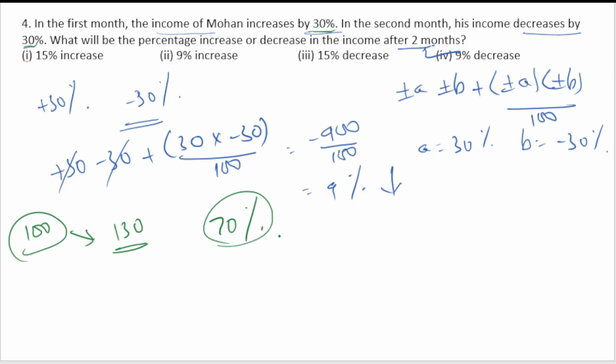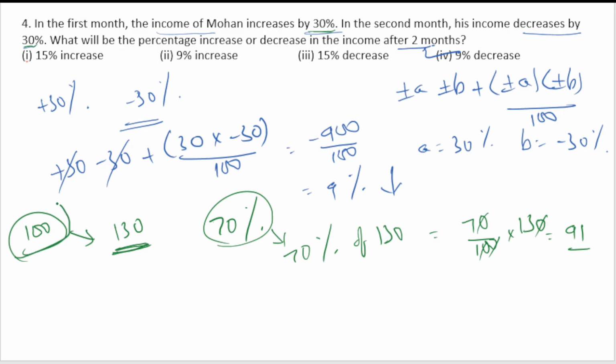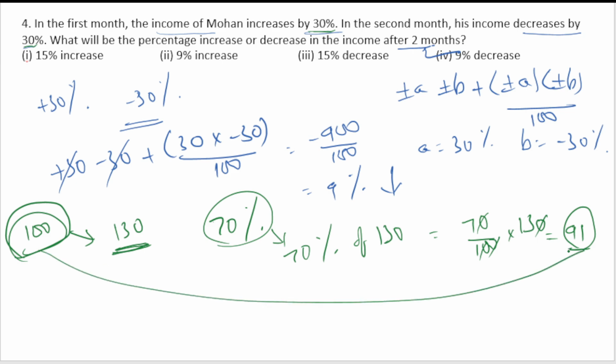So the second month income will be 70% of the income of the first month. 70% of 130. It is 70 divided by 100 into 130. It is 91. Here the initial income was 100 and the income after 2 months is 91. It is a decrease. And how much decrease is it? 9. 9% decrease. We'll move to the next question.